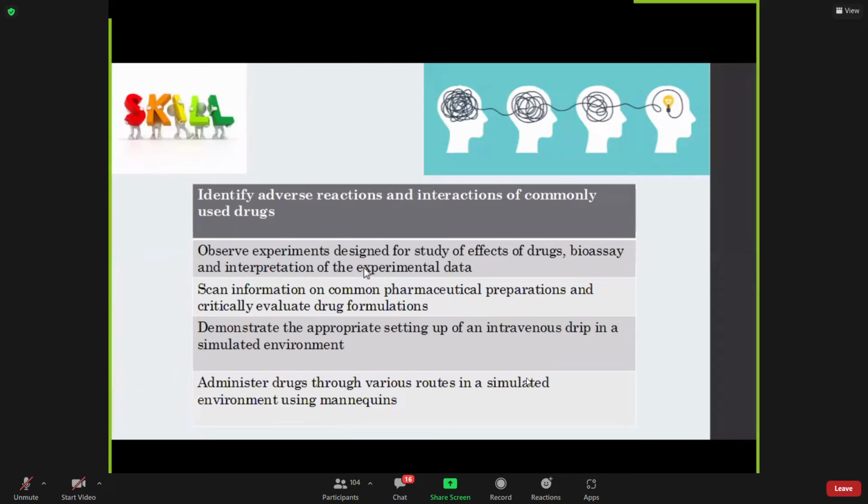The skill sets you would be made to learn will be taught via theory and practicals both, with different aspects of each. One of the skills which you would be required to learn is to identify adverse reactions and interactions of commonly used drugs.